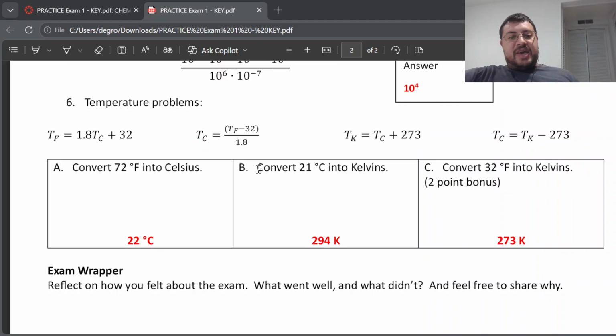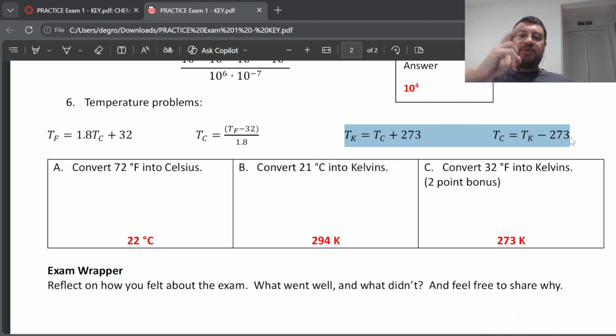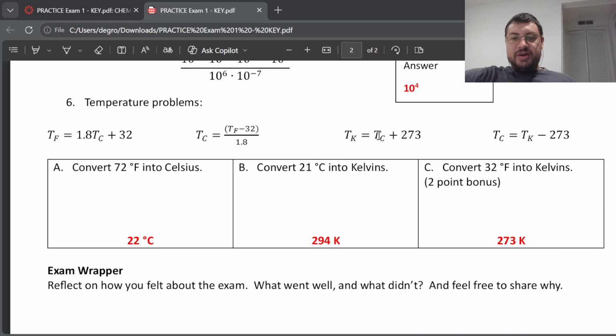Okay, for letter B, convert 21 Celsius into kelvins. We want to look for something that has Celsius and kelvins in it. So that would only be the second two equations, because the first two equations have Fahrenheit in it, which we don't want. So I would put 21 into this equation. If you put it into this other one, it's fine, but you would end up with the same answer anyways.